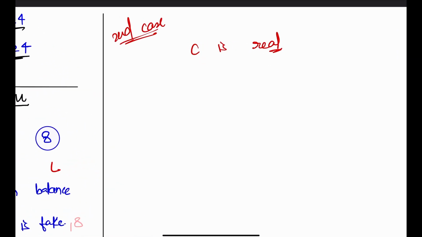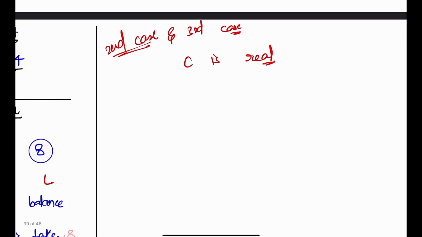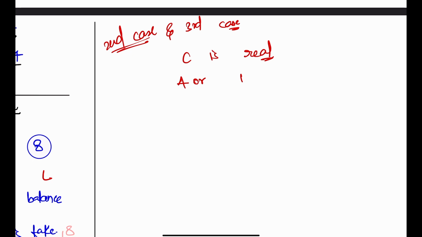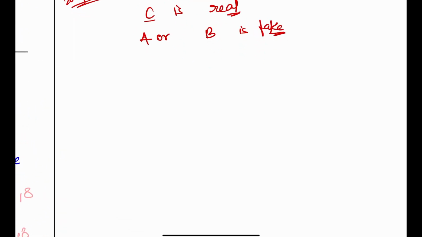So if we study the second case and third case together, we will find that A or B, anyone is fake. If C is real, why not keep one of the possibly fake ones and the real one together? So we will measure A and C together.